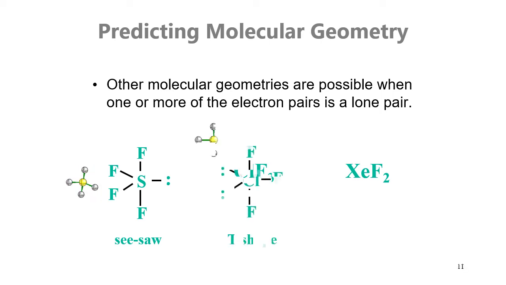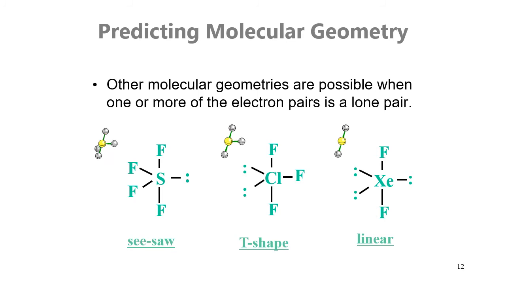You will get T shape for ClF3, and linear molecule for xenon difluoride. If you have any trouble getting these answers or finding the logic behind this, please consult your lecturer.